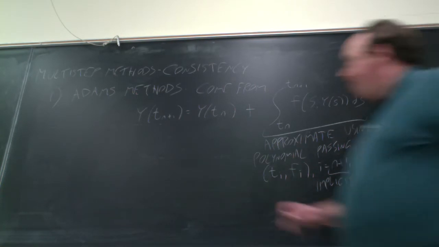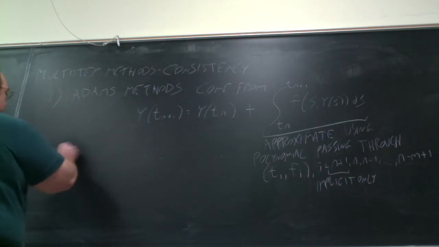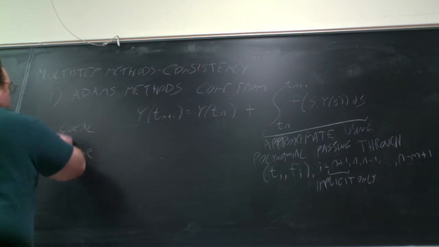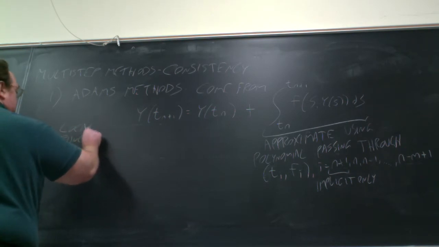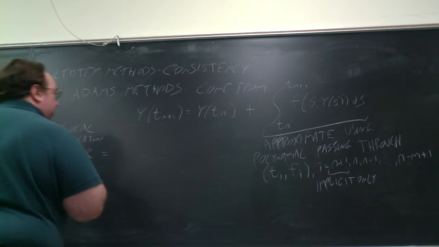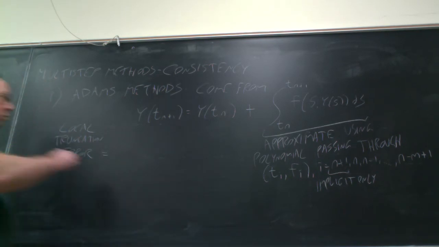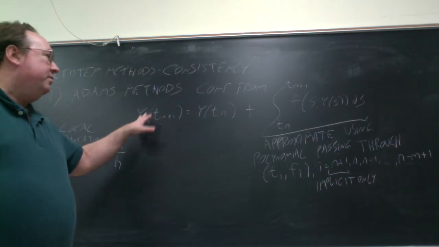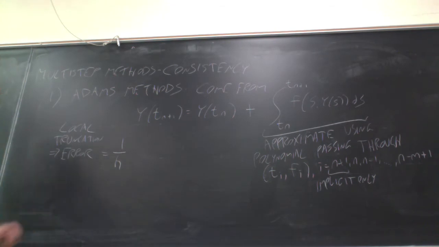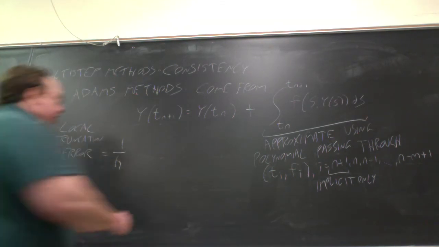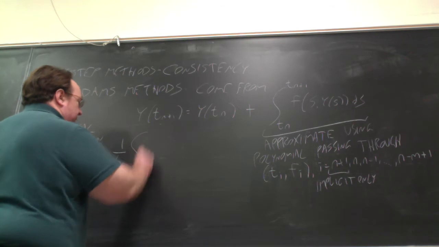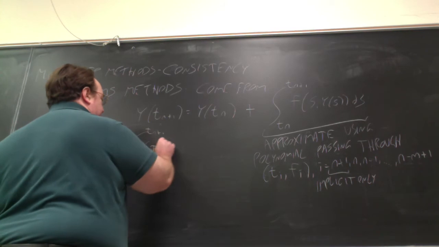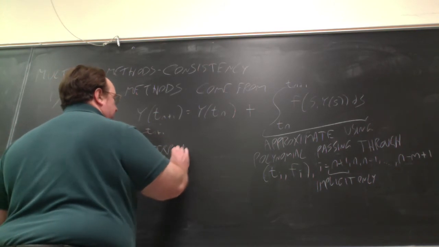So what that would mean is the error, or I should say the local truncation error, is equal to 1 over h, because to approximate the ODE from this relationship, we'd have to divide by h. So it's 1 over h times the integral of, and I'll just write it informally here and then I'll work it out, the interpolation error.